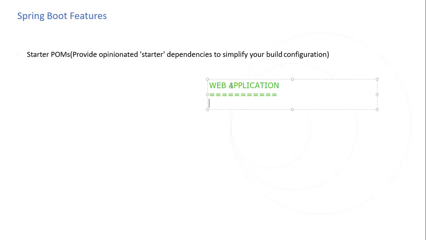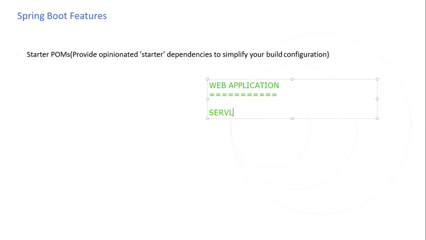But if you are using Spring Boot, it provides all the dependencies. What do we mean by dependencies? Suppose you want to develop a web application, so you depend on the servlet jar files. This means you need to include servlet jars in your project.